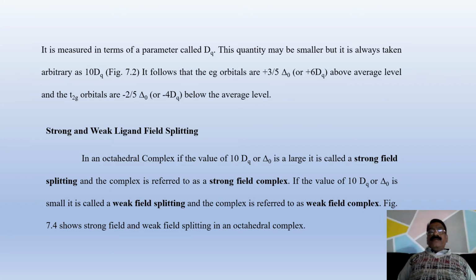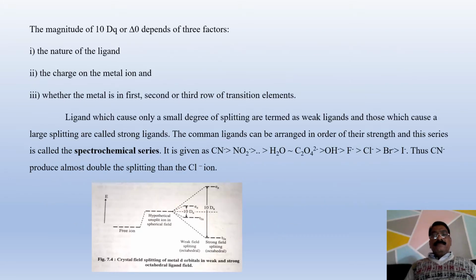If the value of 10 Dq or delta O is small, it is called weak field splitting, and the complex is referred to as a weak ligand field complex, which will be shown in the figure.